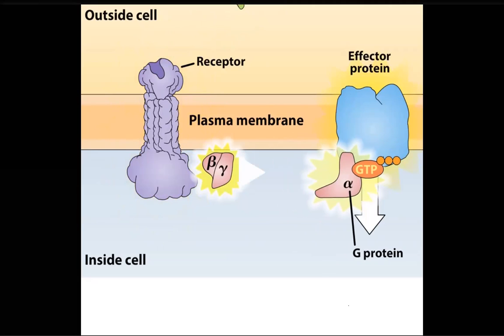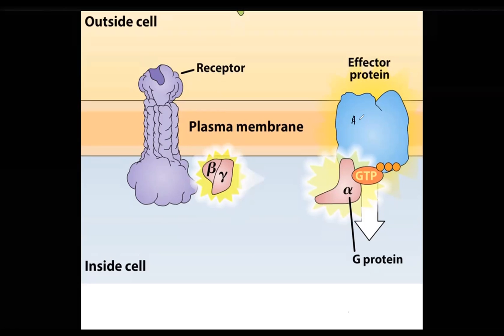The most important type of effector present is adenylate cyclase. This adenylate cyclase is an intrinsic plasma membrane protein which remains embedded within the plasma membrane. It catalyzes the conversion of ATP into cyclic AMP.